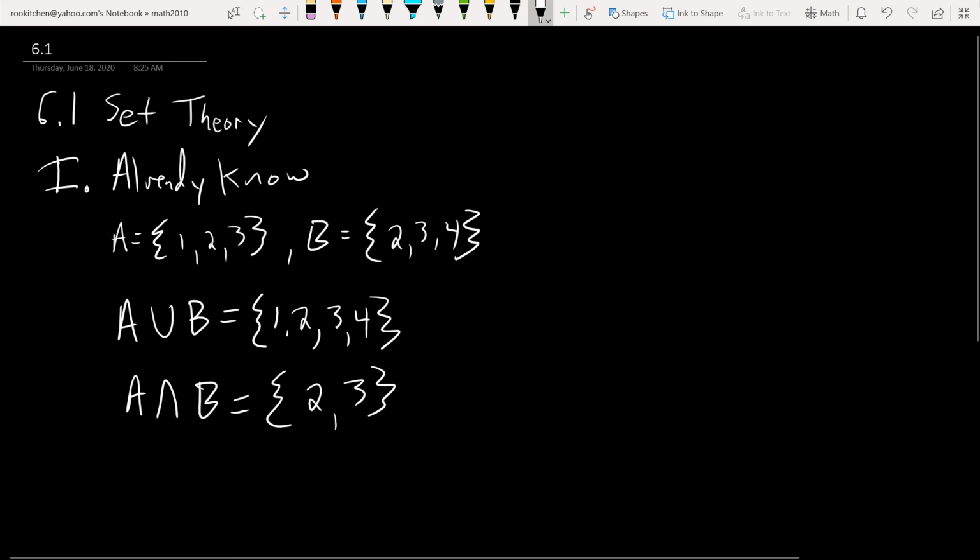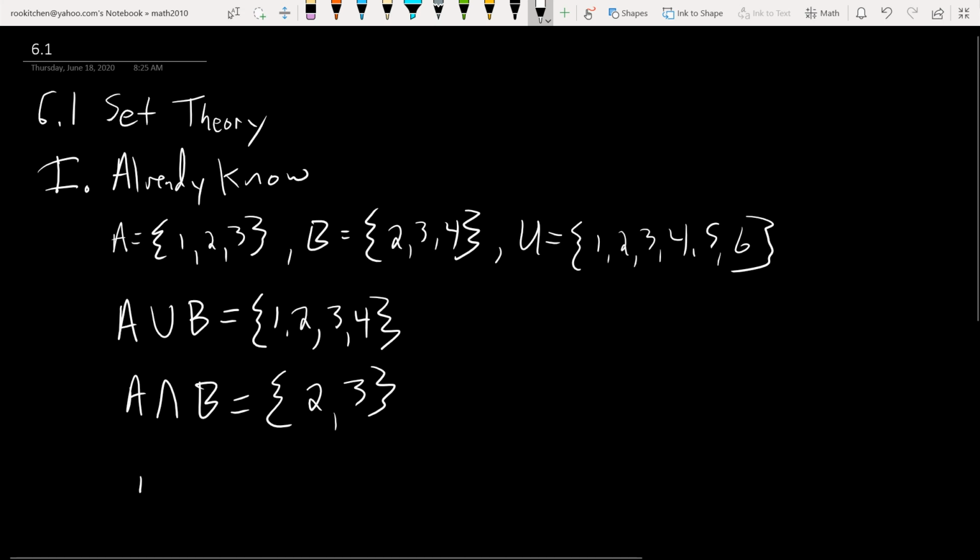What else? A complement. In order to know something like a complement, we have to be aware of the universe of elements where these other sets exist. So let's say the universe of elements is the set 1, 2, 3, 4, 5, 6.